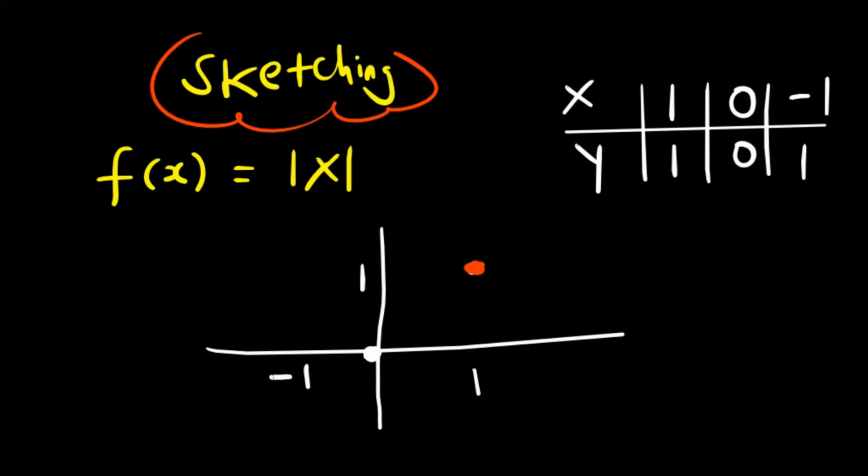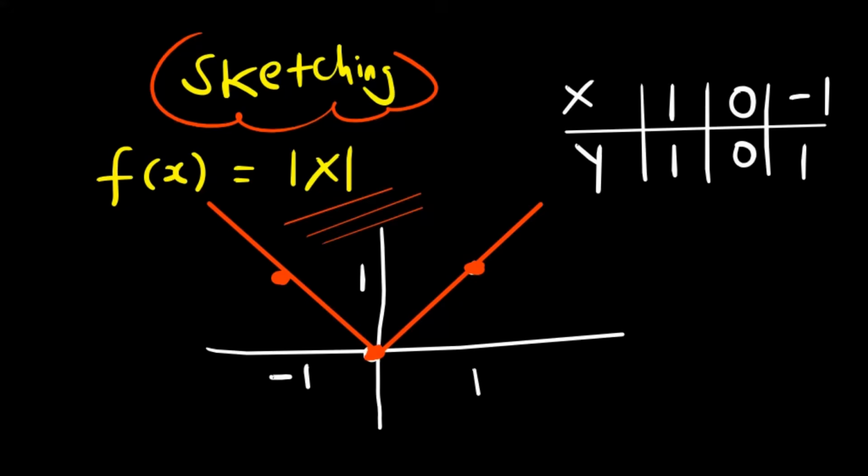So we've got this point and this point. Then we've got negative 1 comma 1, somewhere here. So you're able to see that the graph for this one comes this side and passes that side. So that is the graph for f of x is equal to the modulus of x.